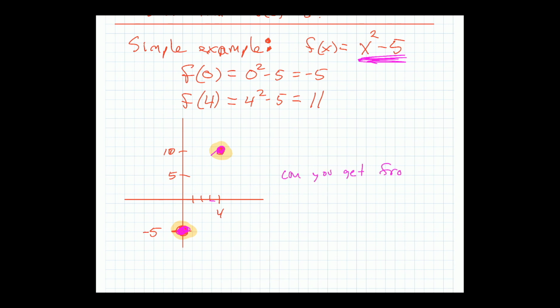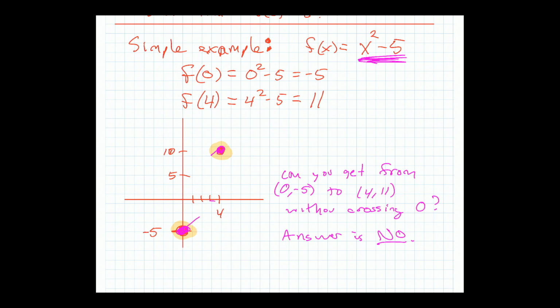Get from 0, negative 5 to 4 comma 11 without crossing the x-axis? And the answer is no. At least the answer is no if you don't lift your pen.